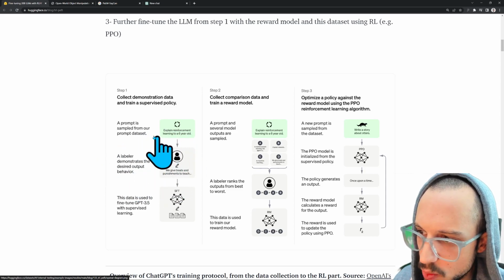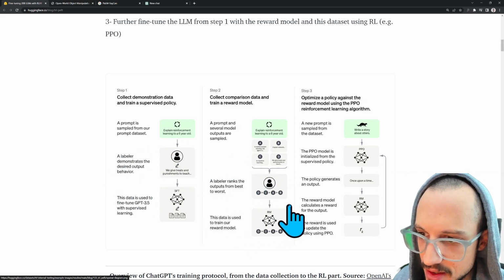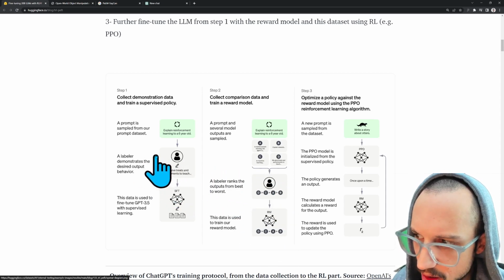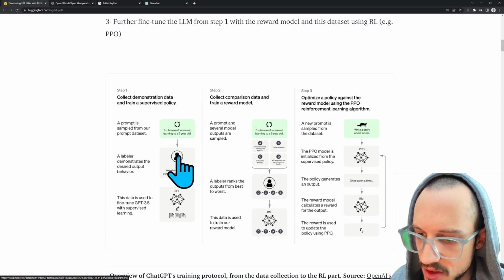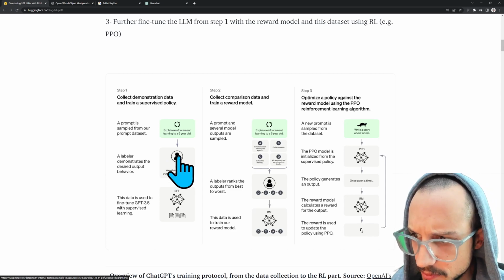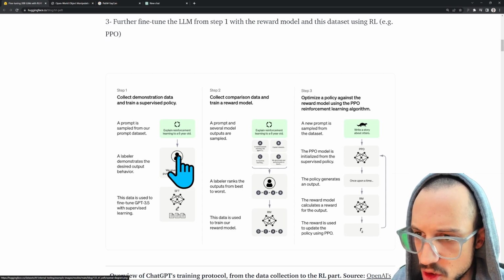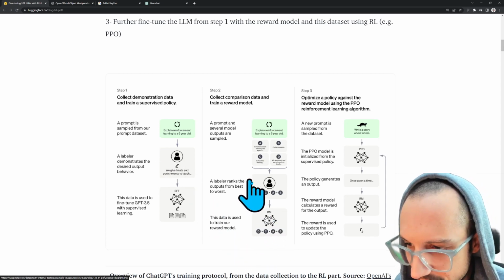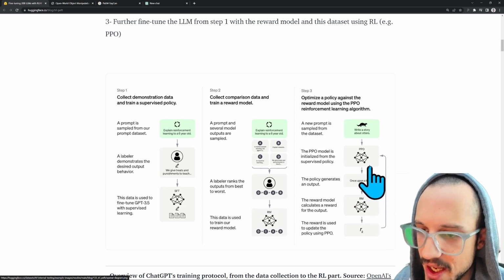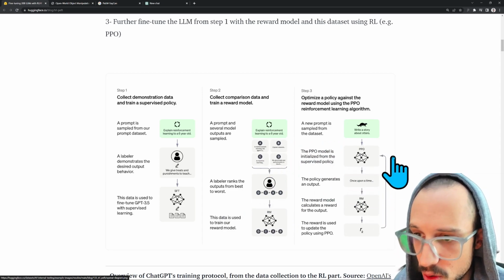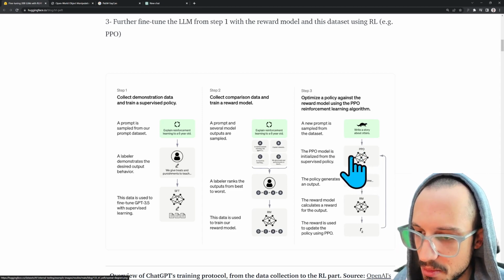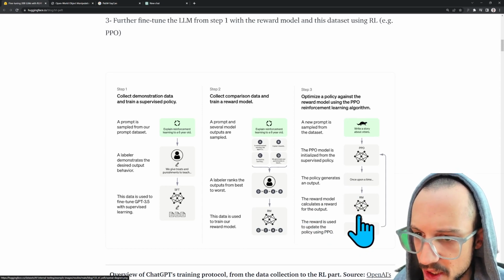So this is one way that the signal's coming into the system. And this is another way that the signal's coming into the system, where you have a labeler that's ranking answers. So both of these are basically human labelers shaping a distribution of what good answers should look like. And then you're training a value function to basically try to estimate that distribution, and then you're training a reinforcement learning PPO model to pick the answers based on this reward model.